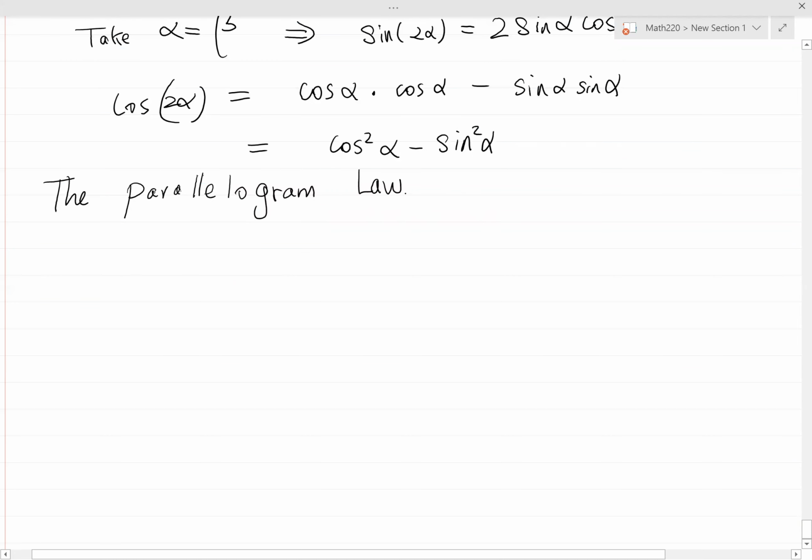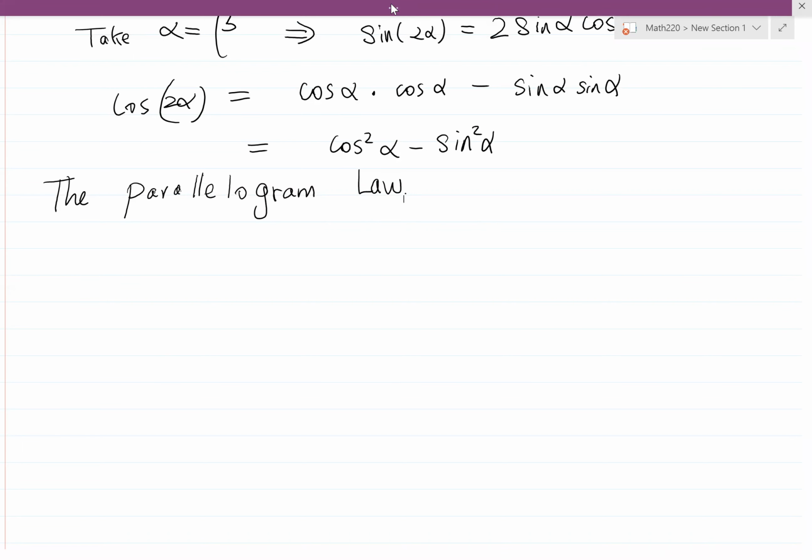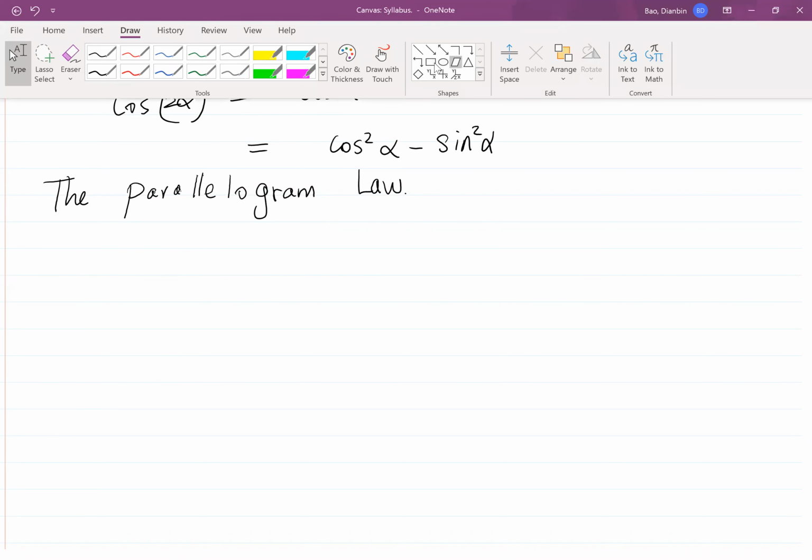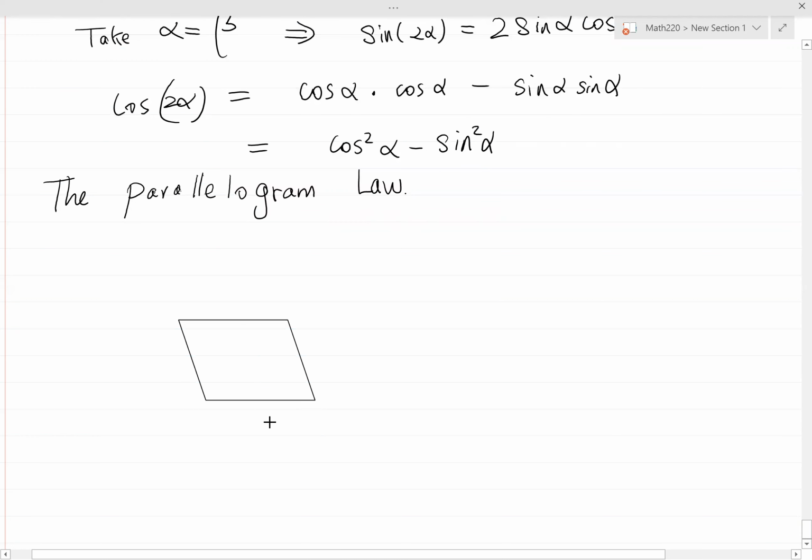So suppose we have a parallelogram. Let me just insert the parallelogram.